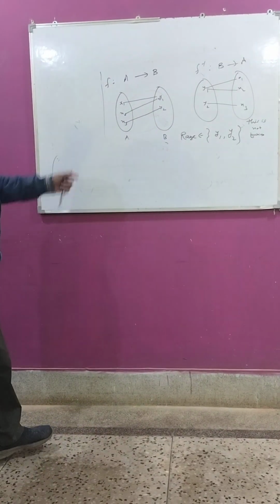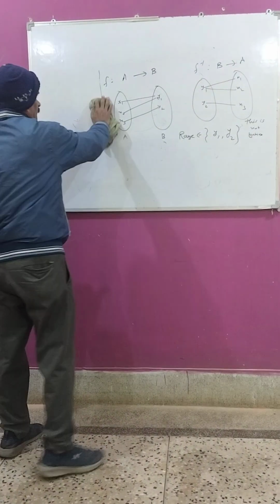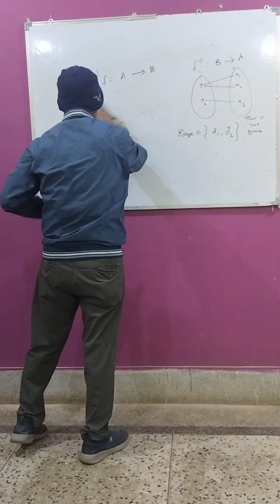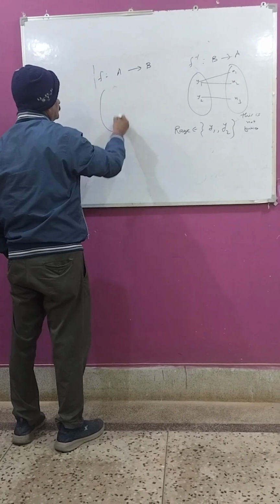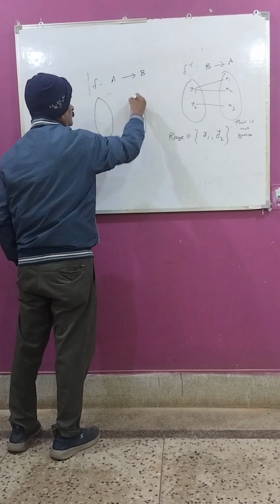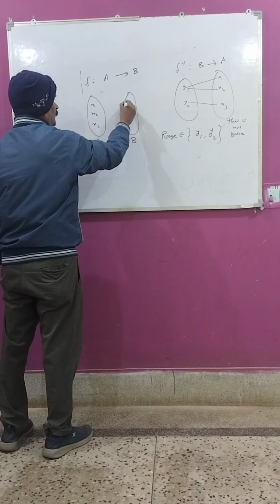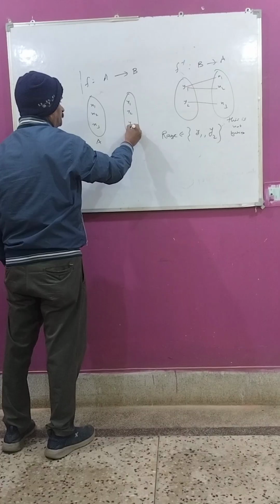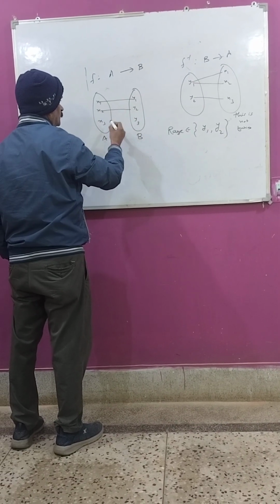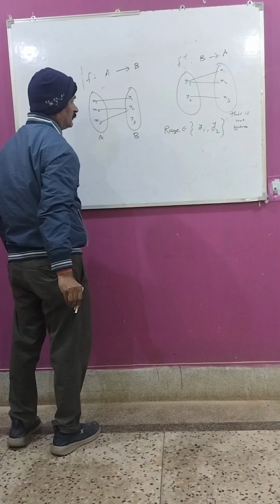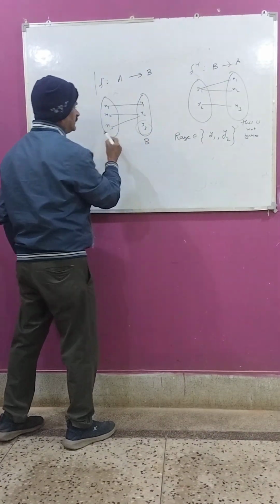Suppose we have a function A to B like this. This is x1, x2, x3. This is y1, y2, y3. See here, for y3 there is no pre-image.